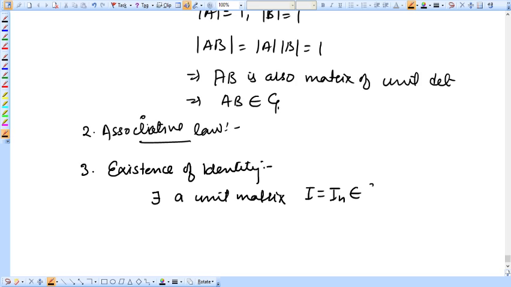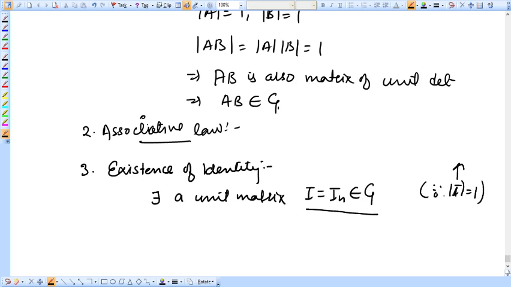Why does it belong to G? Because the determinant of I is equal to 1. Therefore it is also a matrix having unit determinant, so I belongs to G.